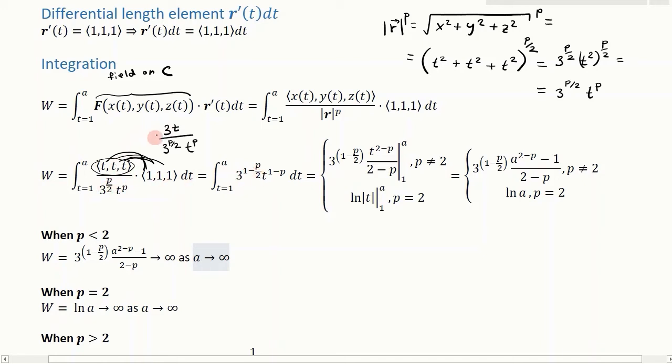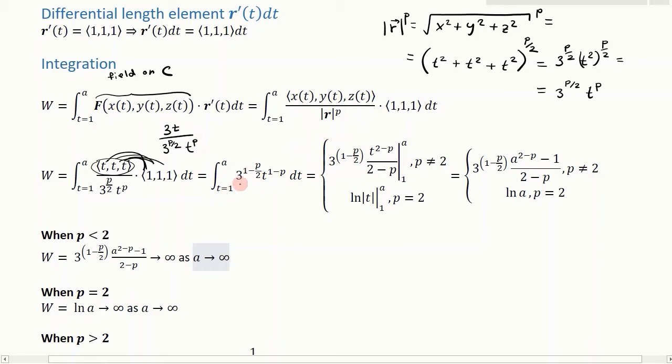This is because we have 3 in the numerator, and we have 3 in the denominator to the power of p over 2. And then t to the power of 1 minus p is here.